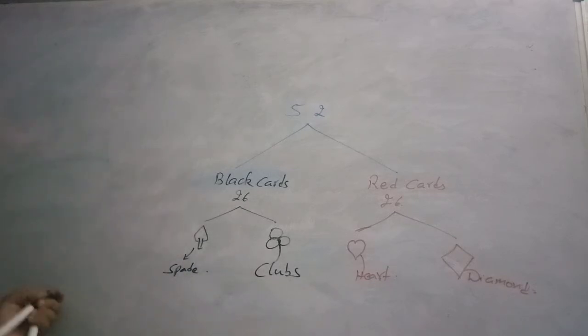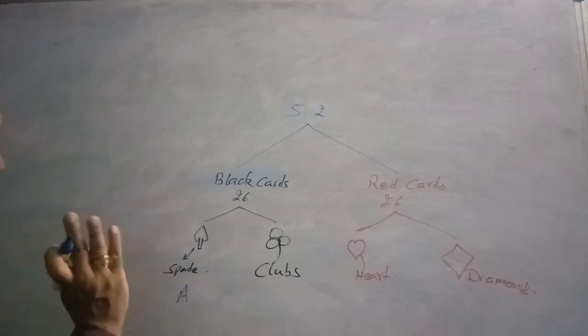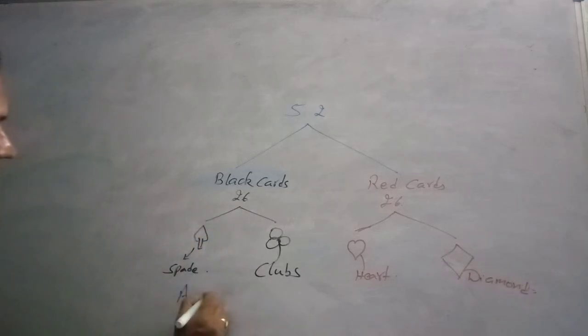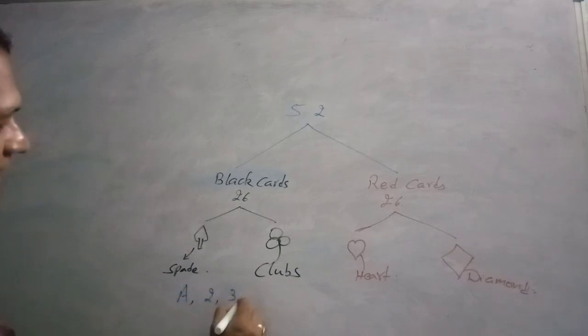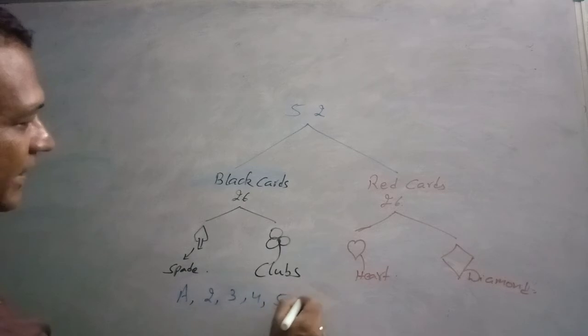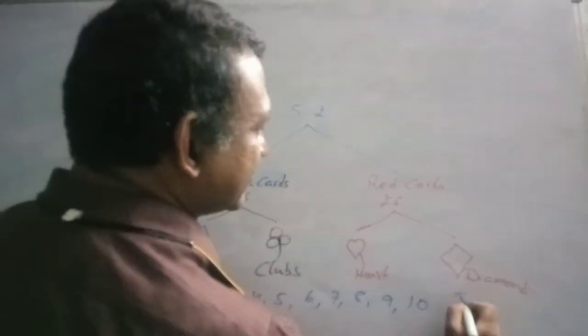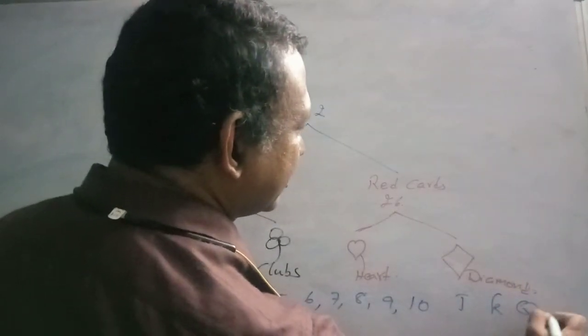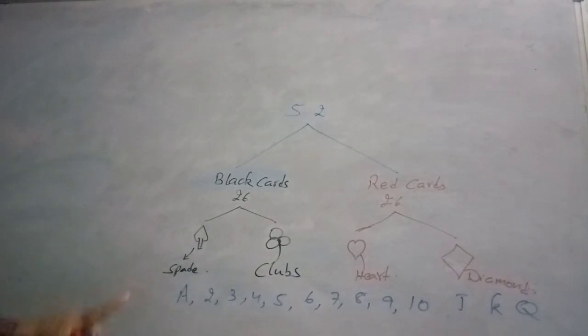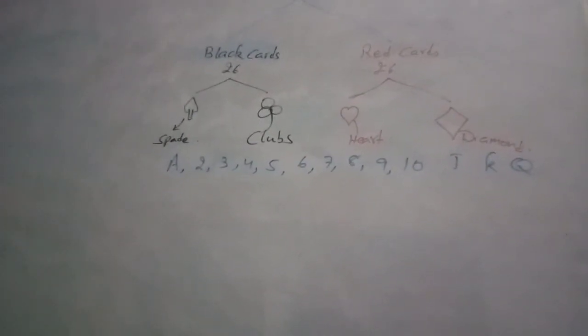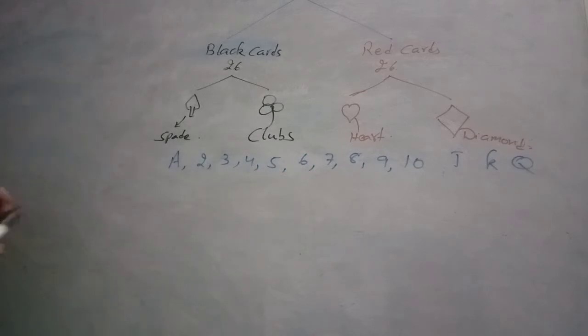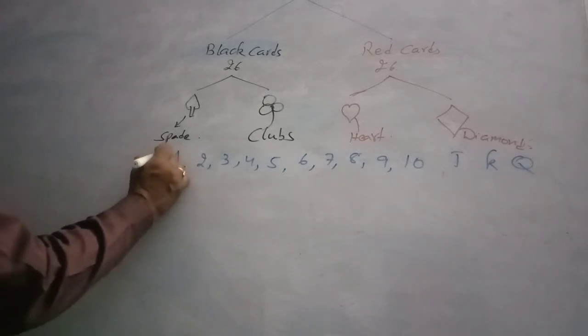In each of the spade, club, heart, and diamond suits, there is one ace: ace of spade, spade of 2, spade of 3, spade of 4, 5, 6, 7, 8, 9, 10, jack, king, and queen. So for each there will be a spade.